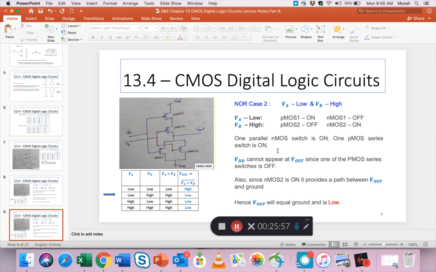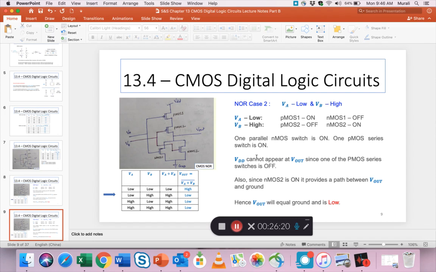So what do we have then? One parallel NMOS switch is on, this is on. One series PMOS switch is on, right? Sorry, 1 is on. So this is on and this is on, right?